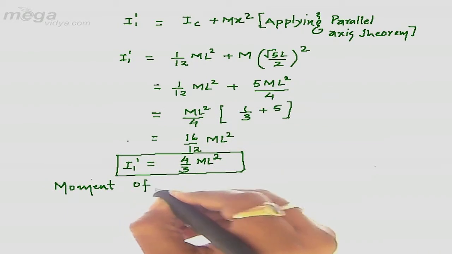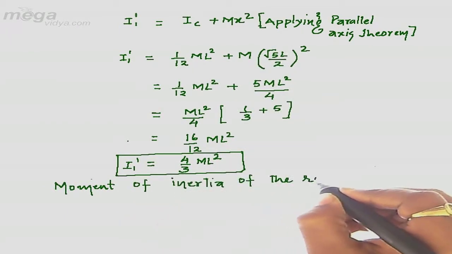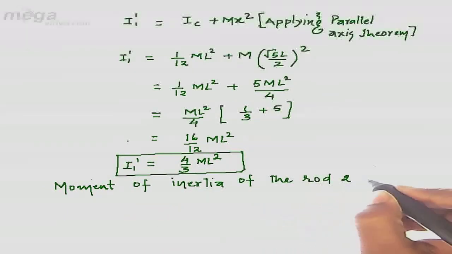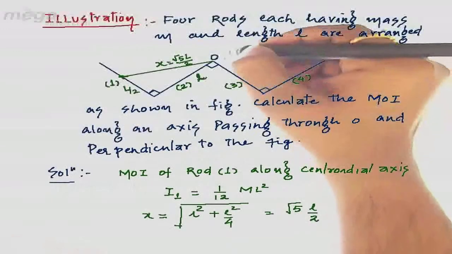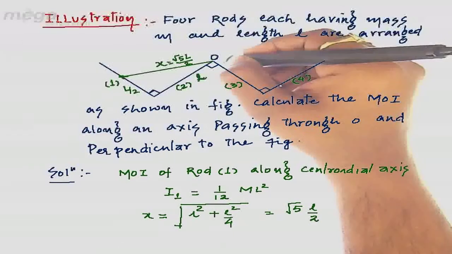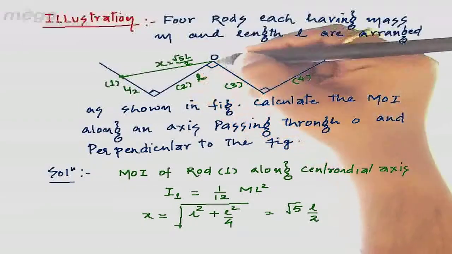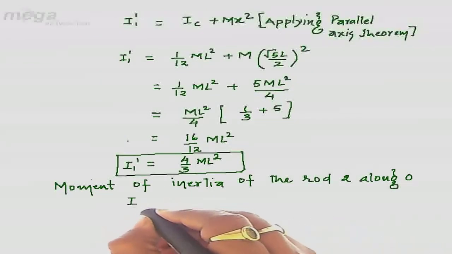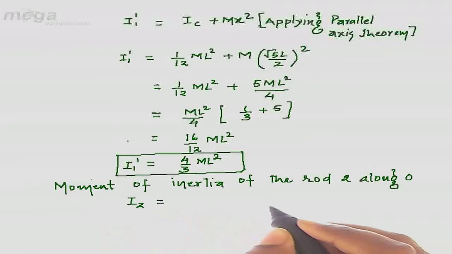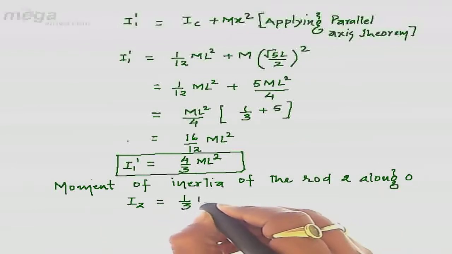Now the moment of inertia of the second rod along O: as we can easily see, the axis through O is along the tangent perpendicular to the plane for the second rod, and we have already calculated its moment of inertia. You can say I2 is equal to 1 upon 3 m L square.